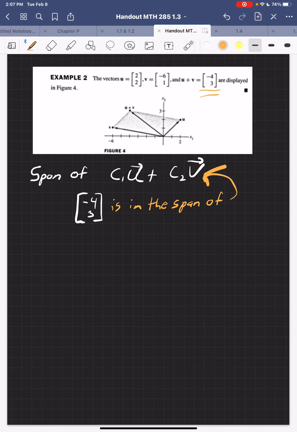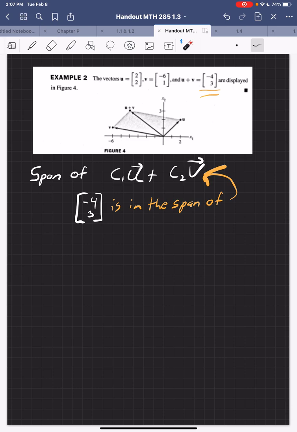In other words, it is possible for you to find some c sub 1 and some c sub 2 such that if you take c sub 1 times vector u plus c sub 2 times vector v, the outcome will be this vector. So that vector is within the span.